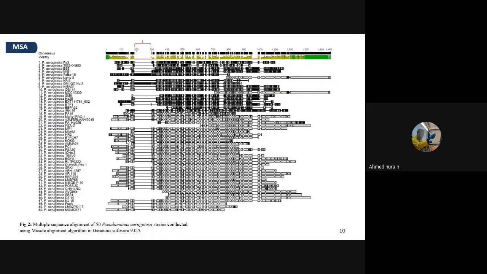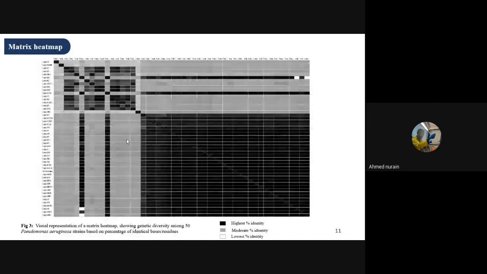So this slide shows the multiple sequence alignment of 50 Pseudomonas aeruginosa strains conducted using the MUSCLE alignment algorithm in Geneious software. This alignment helped us to identify the conserved and variable regions within the 16S rRNA sequences across the strains, which are crucial for phylogenetic analysis.